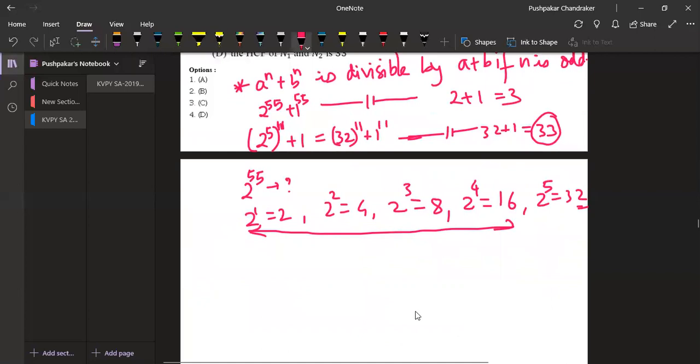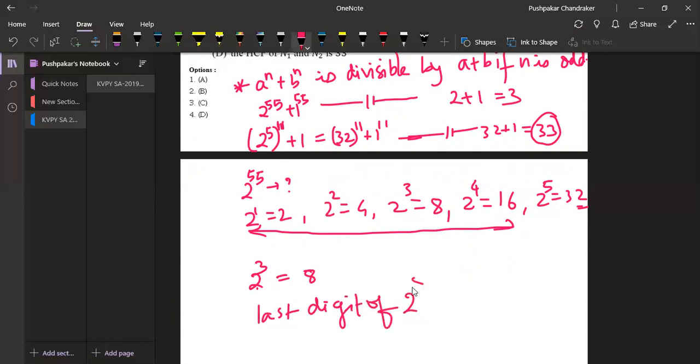So 2 power 55, divide 55 by 4. If you divide 55 by 4, you get remainder as 3. Matlab 2 power 3, whatever last digit will come, the same last digit will be there for 2 power 55. 2 power 3 is 8. Matlab the last digit of 2 power 55 will be 2 power 3, which is nothing but 8.